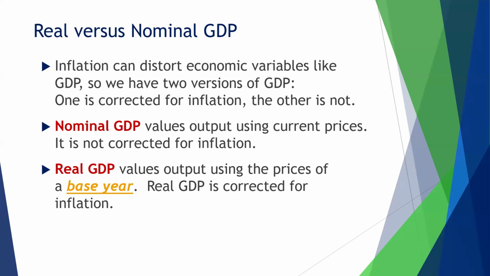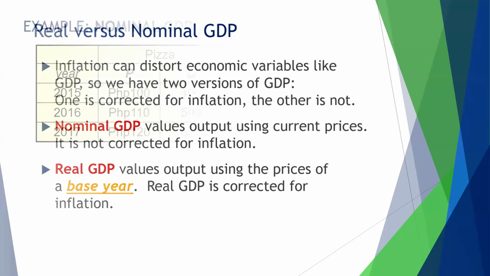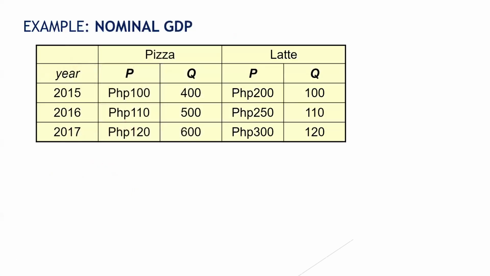When we say base year, this is the price of the year that serves as the basis when computing the value of our output. So here, the real GDP is corrected for inflation because we use the prices of the base year instead of the current prices.